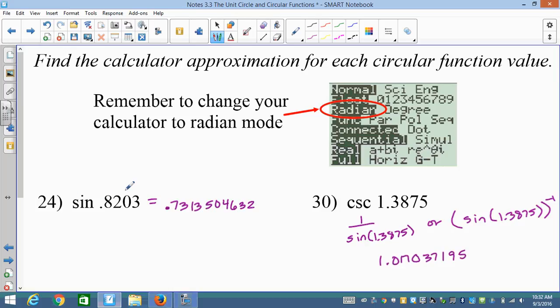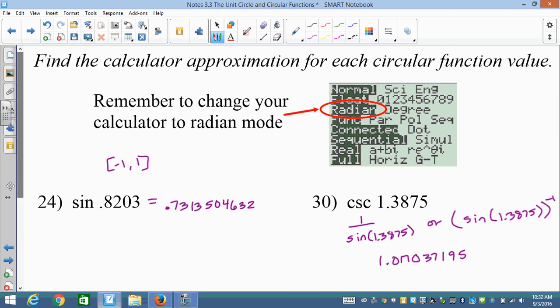Sine and cosine should always be between -1 and 1. Secant and cosecant will always be outside that range. So that's one of the ways to know that you got something right. If you put this in and got a number smaller than 1, then you did it wrong.